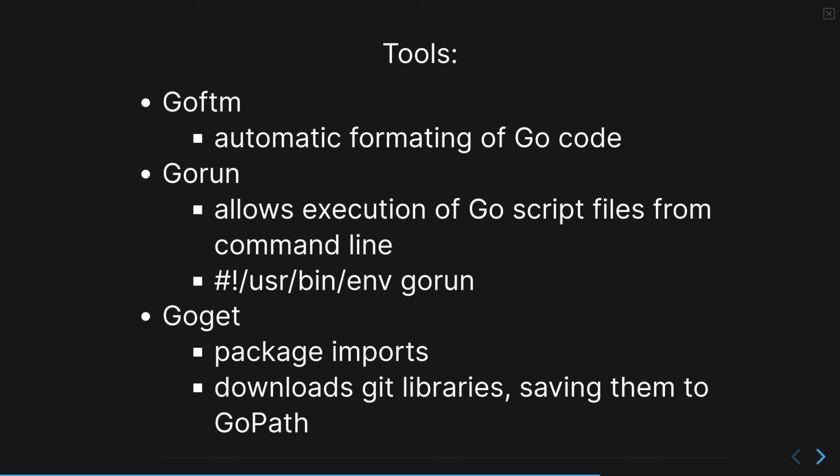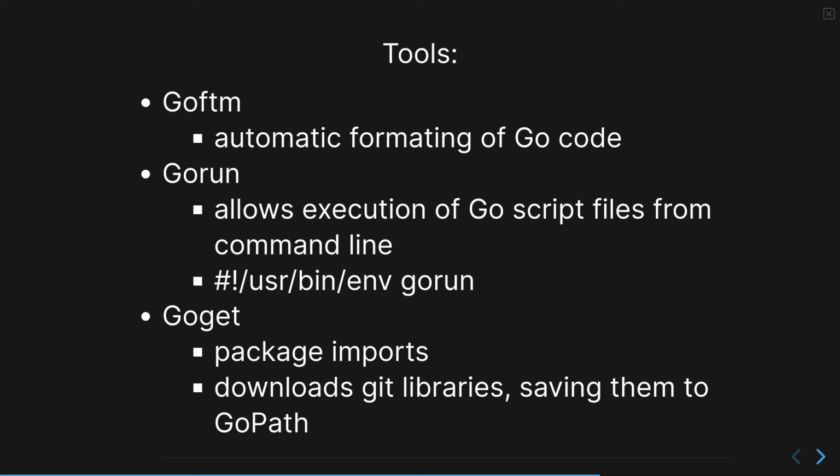We have Go run, which allows us to execute scripts from the command line, just like bash scripts. It only requires putting a Golang line on the top of the file, just as we would do with bash.